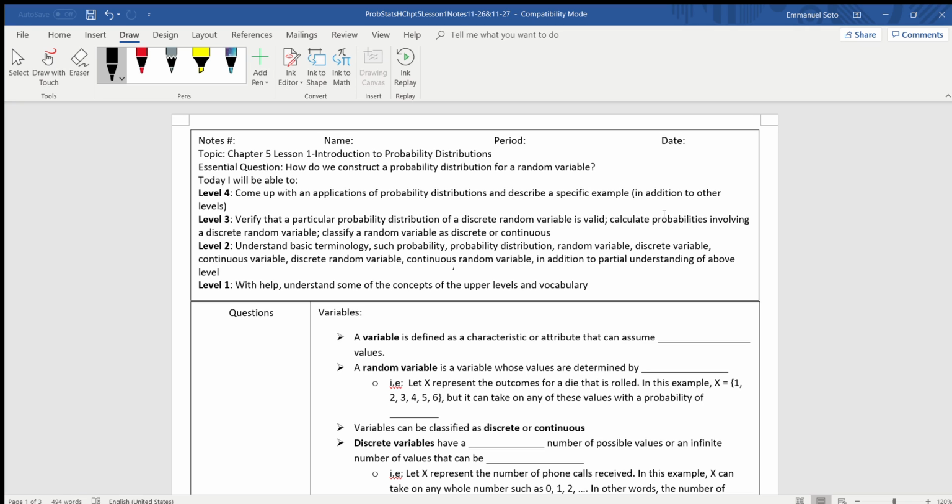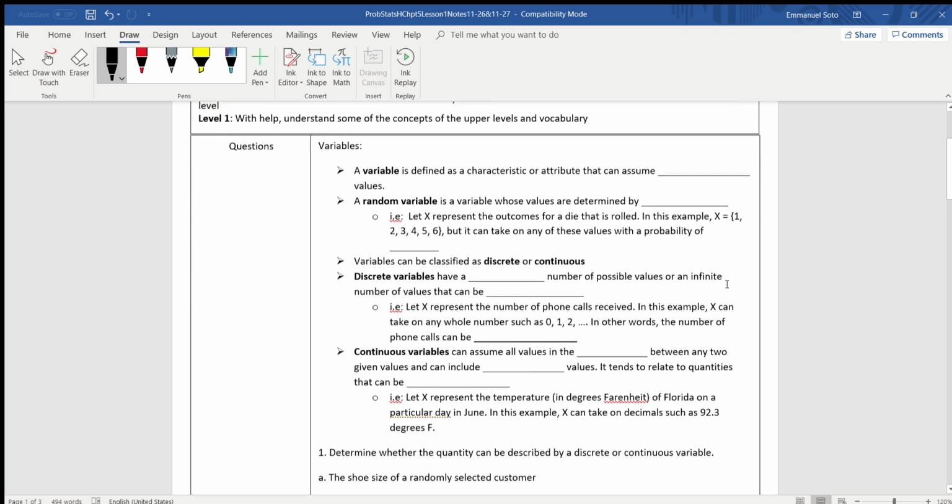We're going to introduce discrete and continuous distributions, but we're going to focus on discrete random variables in this chapter. The goal is to be able to verify that a particular distribution is valid, calculate some probabilities, and then classify a random variable as discrete or continuous. So those are the goals.